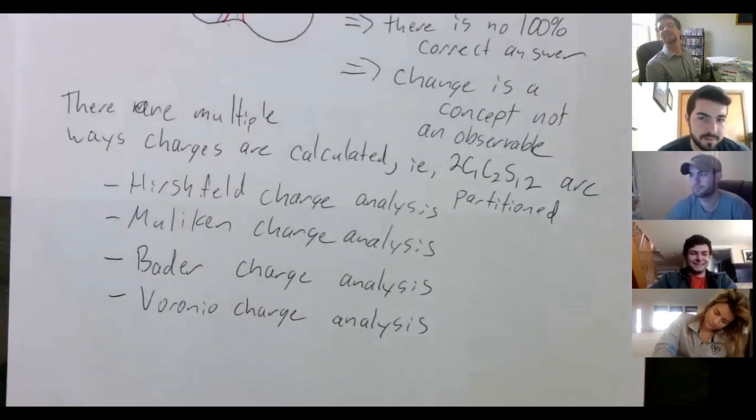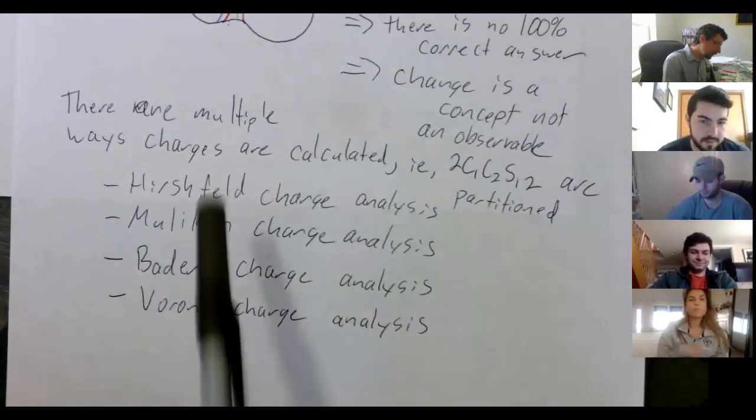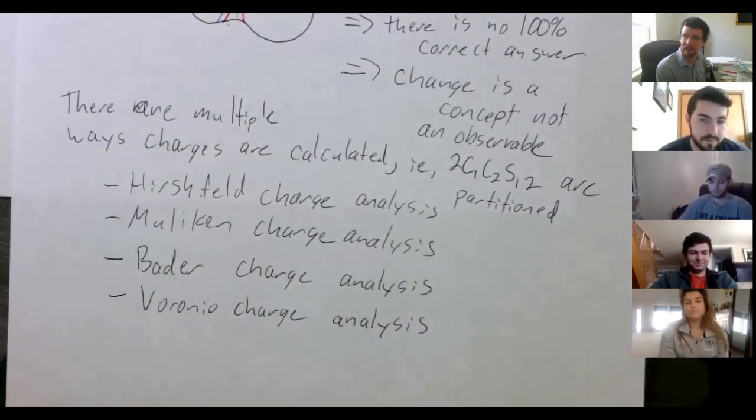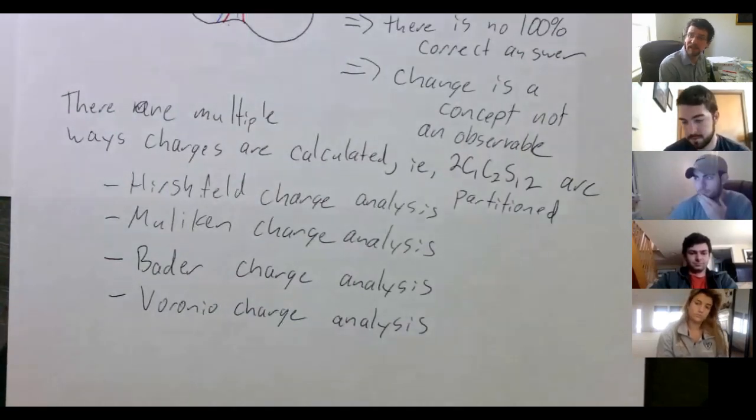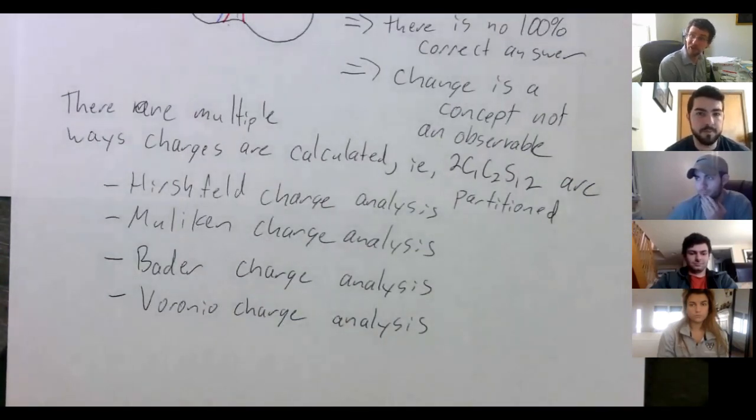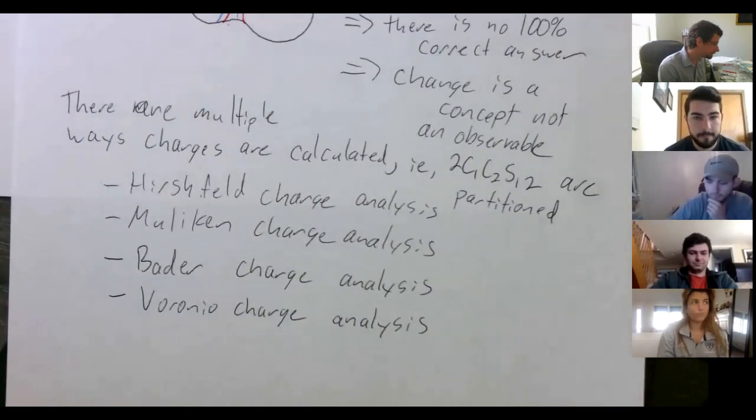He's like, mine's the best, it's way better than all of these. But they all have their weaknesses and strengths. The biggest problem is sometimes they have conflicting answers. So what do you do then? That's where you try to use your chemical intuition to come up with a good explanation for what's going on.